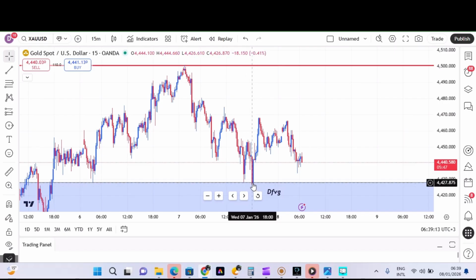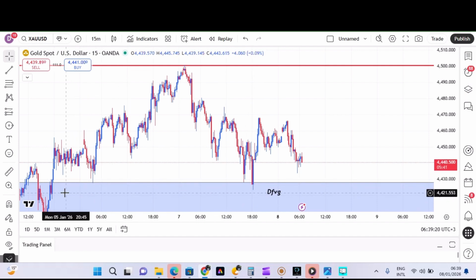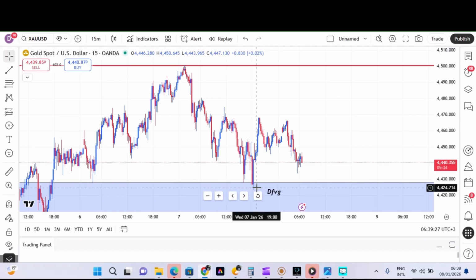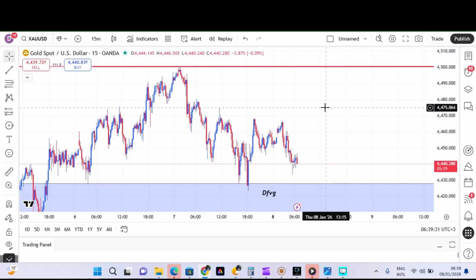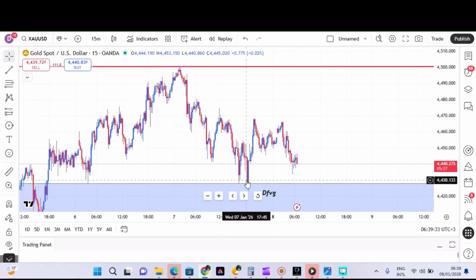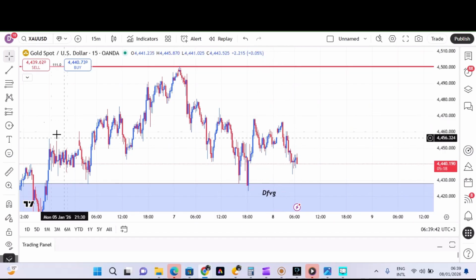Slight wick pushing into this liquidity, took out this liquidity, came into this bullish order block, tapped into it, then engineered and pushed up to the higher levels. For those who trade structures, what we can see on the 15-minute is gold has formed a double top. Okay, I see a double top.